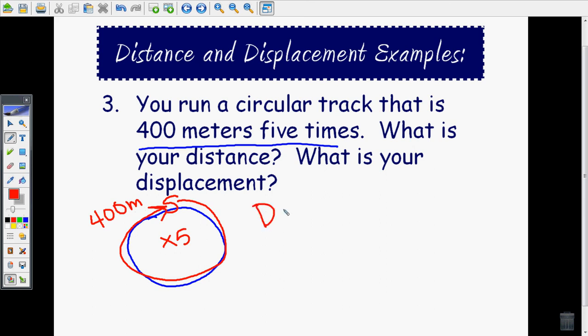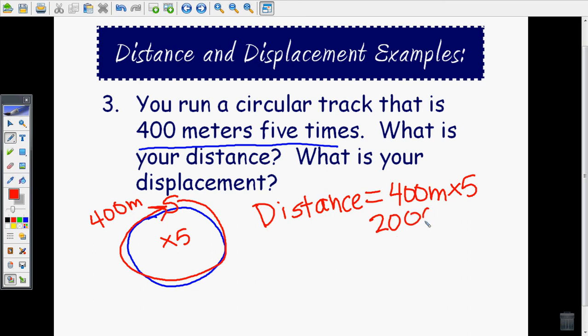Well, the distance is just a 400 meter track times 5, because you did 400 meters and you did it 5 times. So that is just 2,000 meters. Okay? Your displacement, though, think about it.